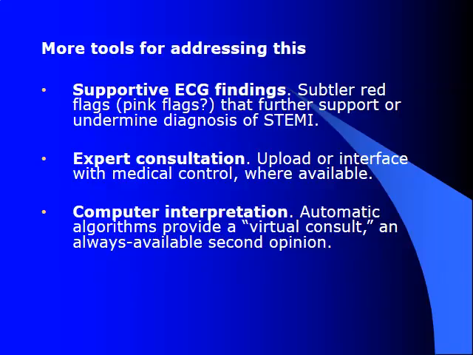And then last, but something that is always to be taken with a grain of salt, is our computer interpretation. So we have a computer interpretation anytime we do a 12-lead EKG that tells what the computer thinks.